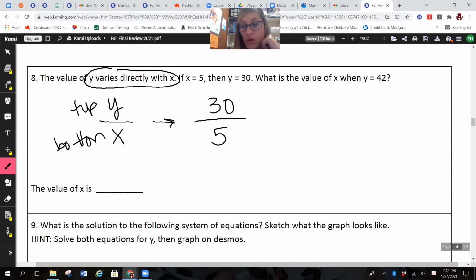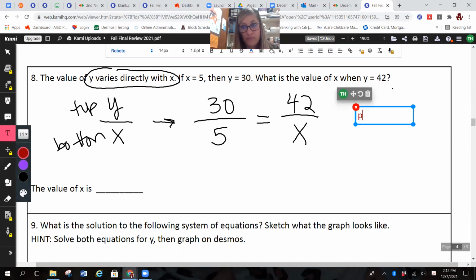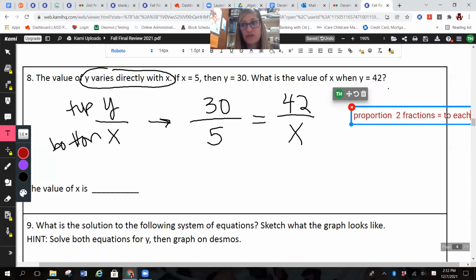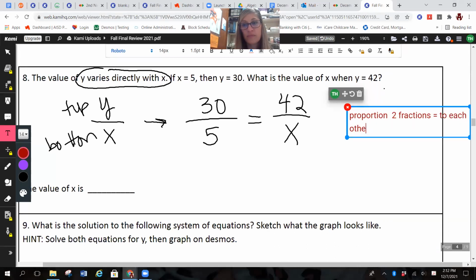What is the value of x when y is 42? What's the value of x? I don't know. But I do know that y is 42. So I have made a proportion. Proportion, 2 fractions equal to each other.